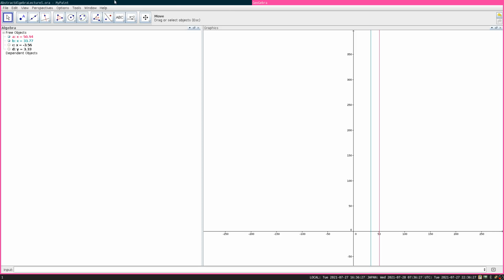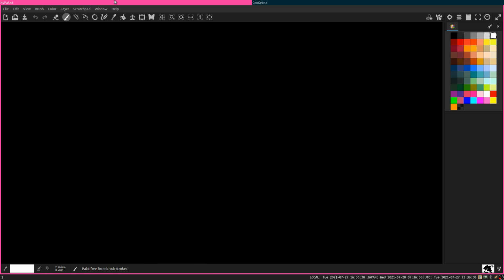Now, let me make a new MyPaint window. Okay, so if we have x is equal to foo and x is equal to bar, then the system of linear equations, let me rewrite it as ax is equal to foo and cx is equal to bar. You're going to see why I'm doing this in a minute.